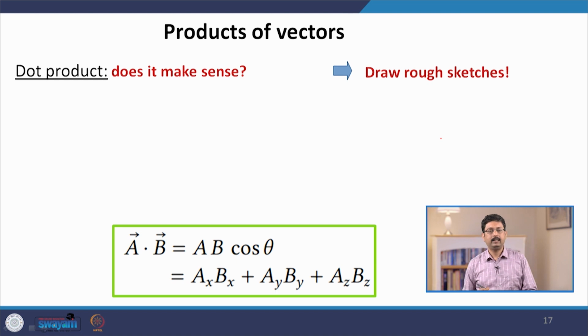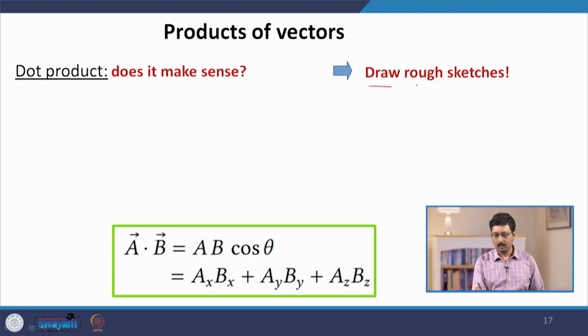Now, here is my second point. When you come across any mathematical formula, do not simply try to remember the formula by force. First try to ask yourself, does it make sense?